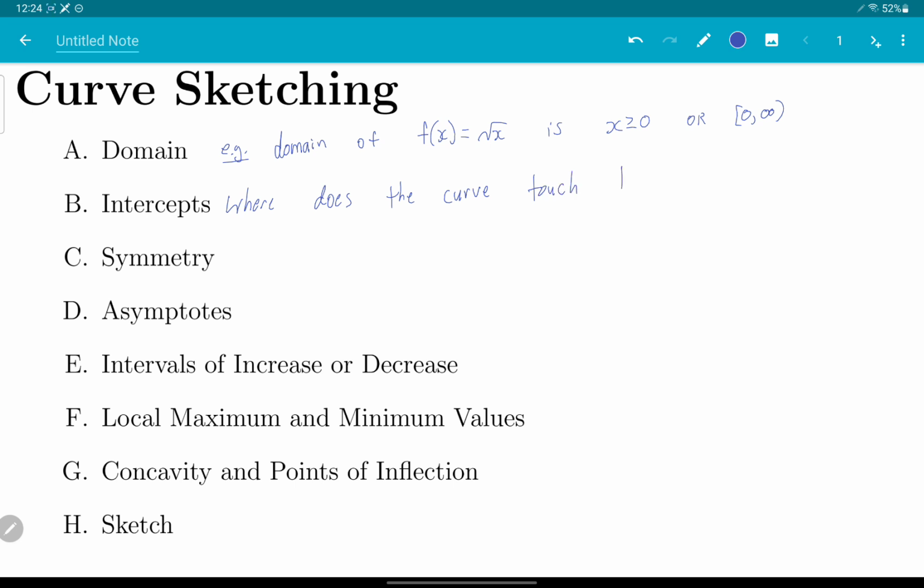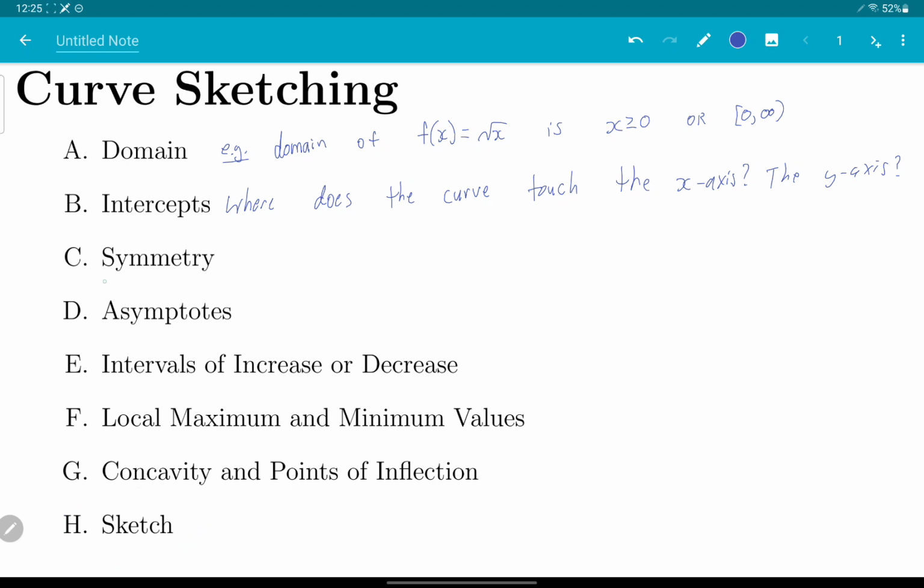Where does the curve touch the x-axis? And also we want to know where it touches the y-axis. So hopefully you can see we're building a picture piece by piece, and then at the bottom we'll put it all together.